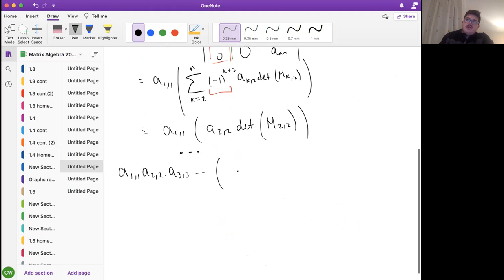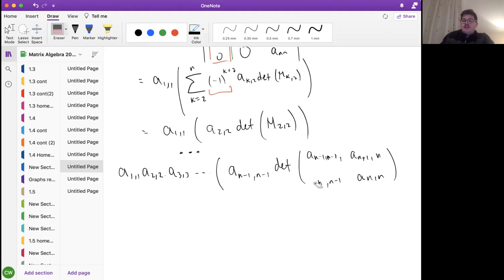So at the very end, we would do A n minus 1, n minus 1 times the determinant of, and we know exactly what it is, n minus 1, n minus 1, n minus 1, n, and a n. Oh, but this is 0, right?